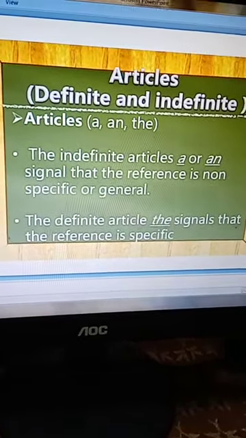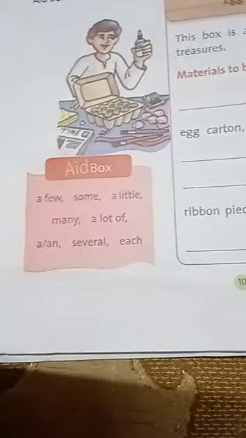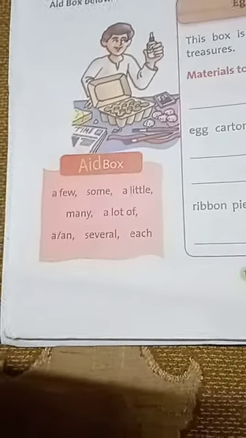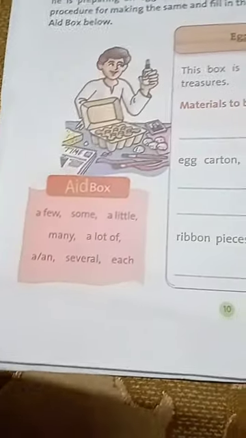Articles you all know. You can also see in your book where you have to learn how to use the articles a or an in worksheet number 1.